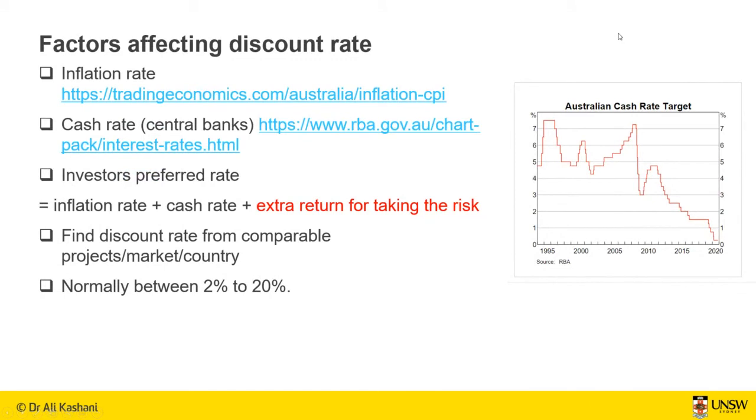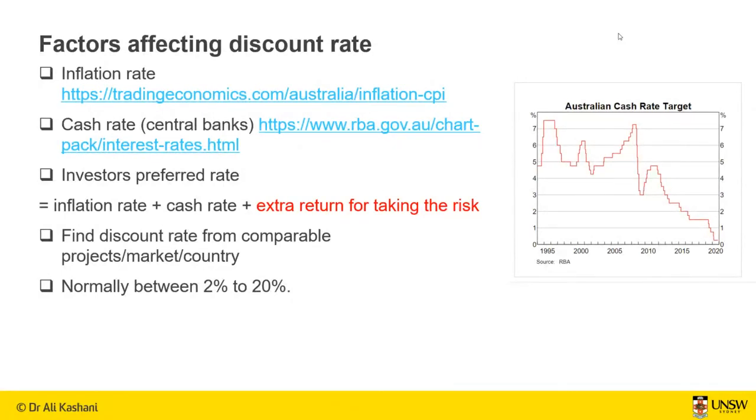So the factors that can affect the discount rate: first of all, inflation is important, because when there is higher inflation or a higher expectation of inflation in the future, it means that the future value of money is going to decrease.